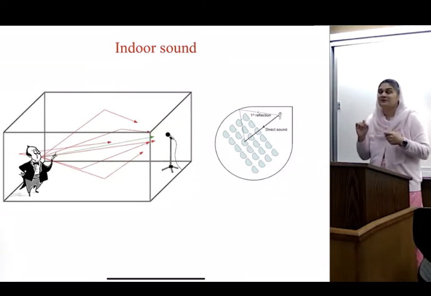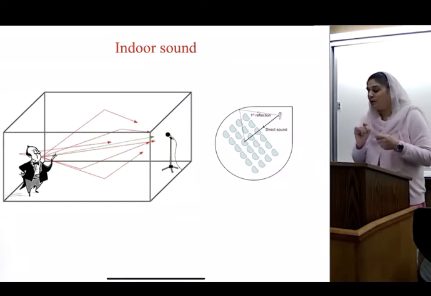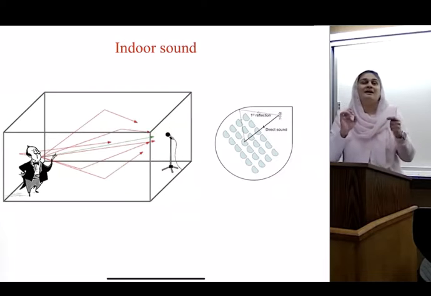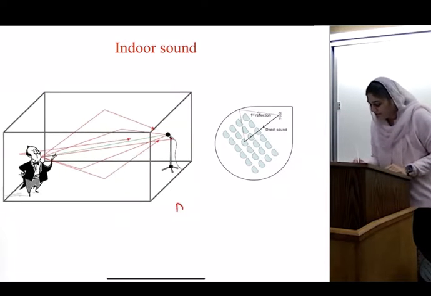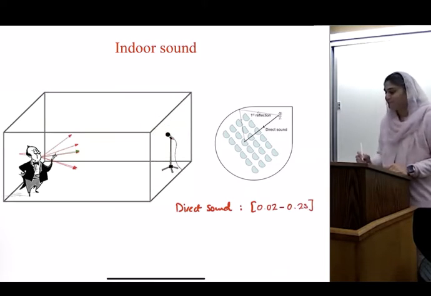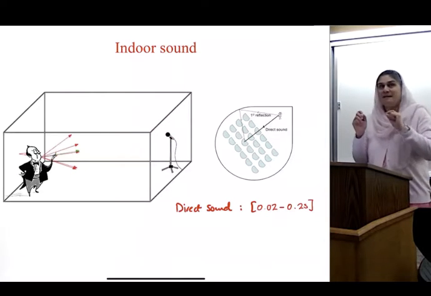And the time delay of the green arrow is somewhere between 0.02 to 0.2 seconds in any given room. So the green one is direct sound, and it is 0.02 to 0.2 seconds, the time it takes for it to go from me to you.